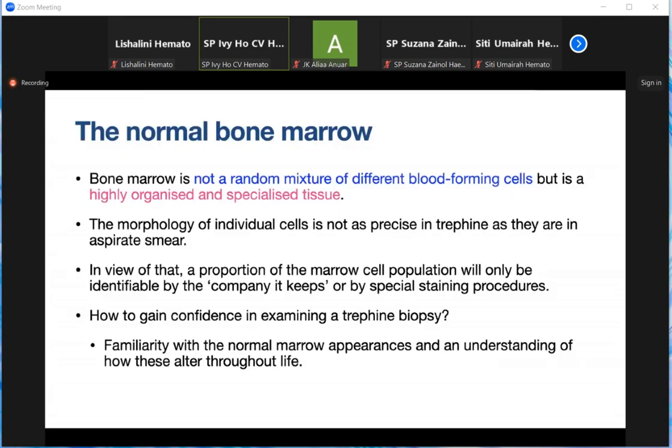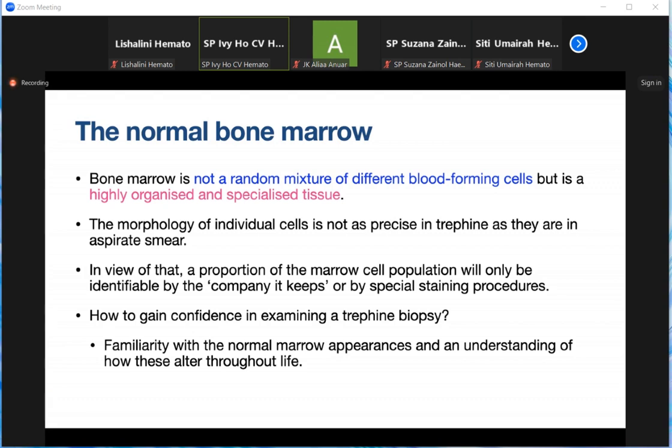First of all, bone marrow is not a random mixture of different types of blood forming cells. I'm talking from a histopathologist's point of view, because a lot of us are so used to looking at other organs. When we come to look at the Trephine biopsy, we are not familiar with it, and there are a lot of round cells around, that's all we see.